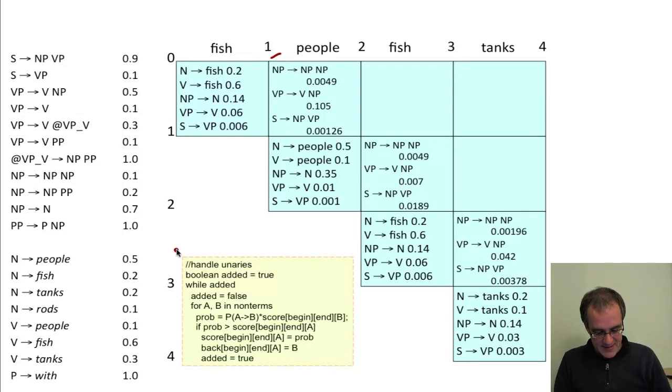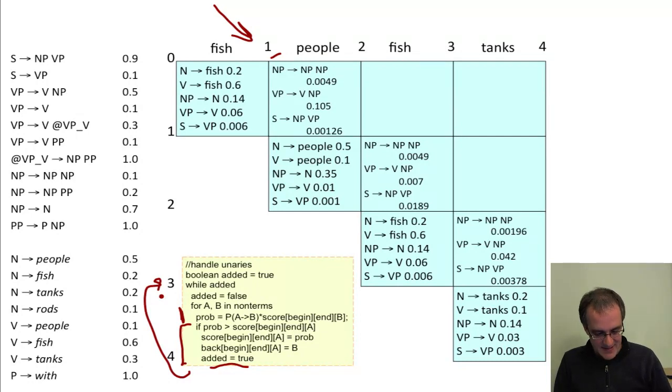And so the next phase here we now do is we do unaries for these cells down here. So again, we look for unary rules, and if they give a way of making something with higher probability, we put that into the chart, and then we say we've done some work, and having done some work will lead us to do the whole while loop again in case we're able to build up chains of unary rules.